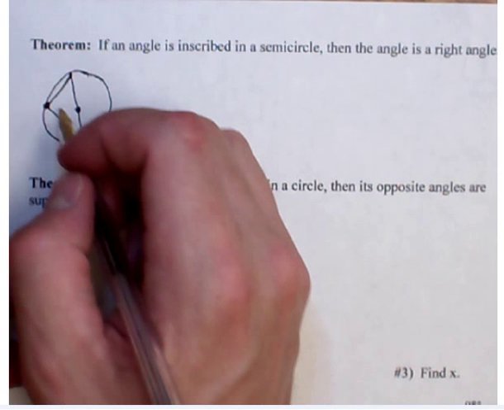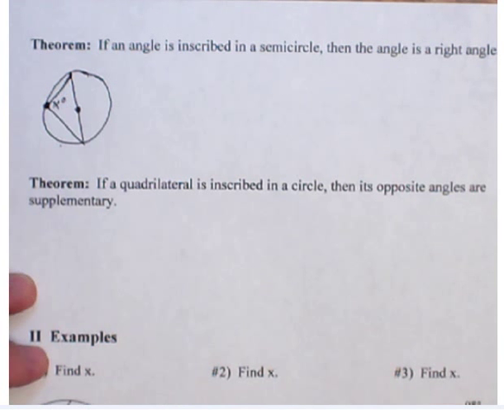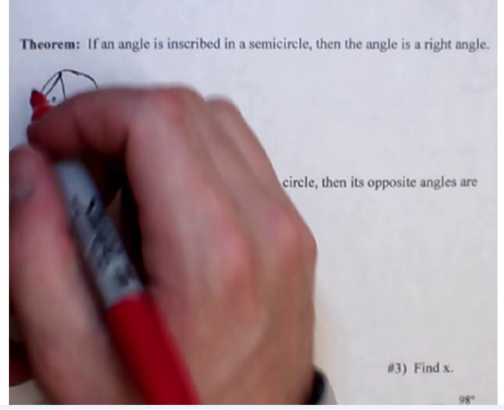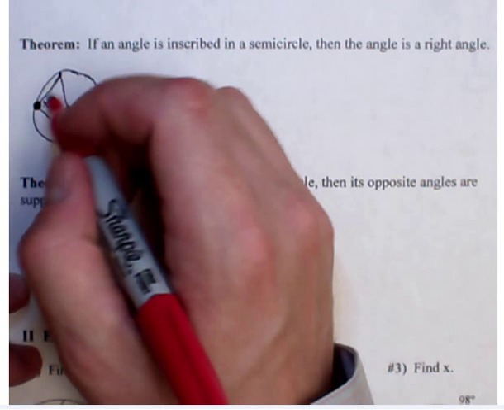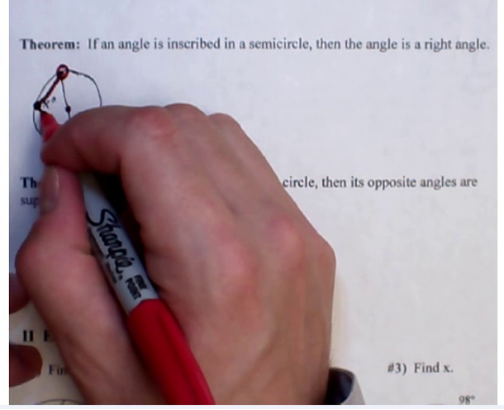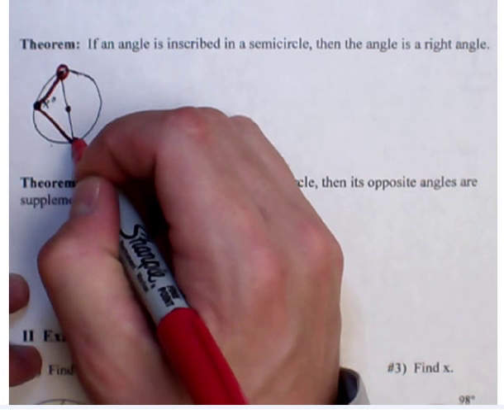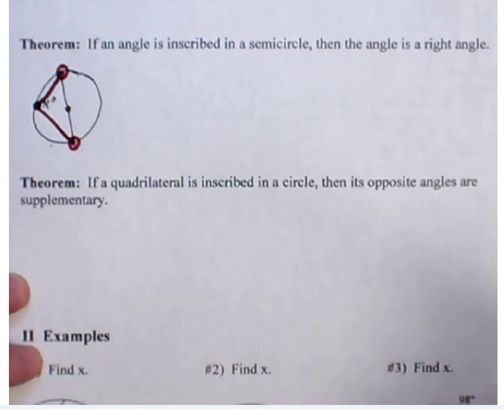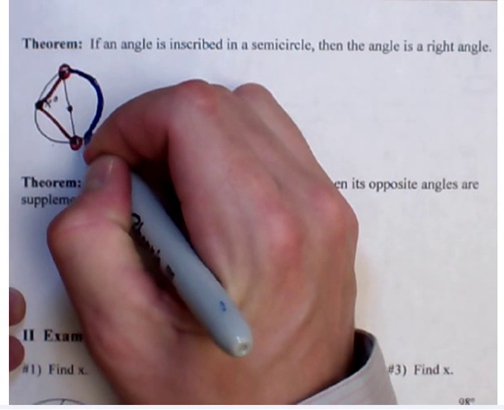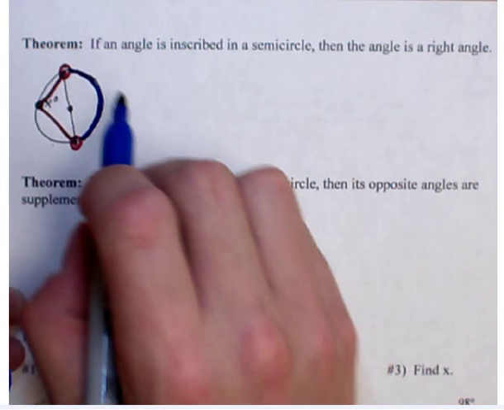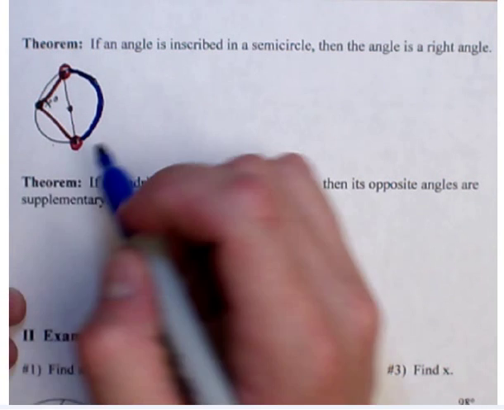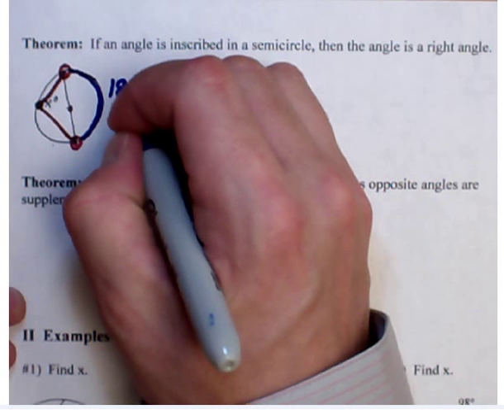Okay, so here's our angle. We'll call this x degrees, right here. We want to find that measure. Well, here's the thing. If I trace this out, where do I hit the circle? Here, and I hit the circle here. Look at the arc between those two points. That's a semicircle. Now you know that all the arc measures add up to 360, so half of that is 180 degrees.